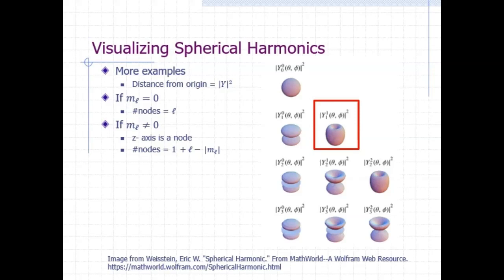However, for L equals 2 and m sub L equals +1 or -1, L minus the absolute value of m sub L is 1, and we see one additional node, the xy plane. And, for L equals 3 and m sub L equals +1 or -1, L minus the absolute value of m sub L is 2, and we see two additional nodes. One conical surface that opens upward, and another conical surface that opens downward.